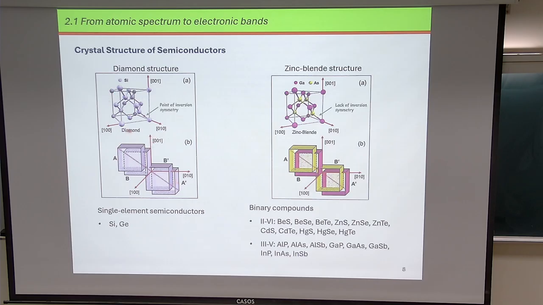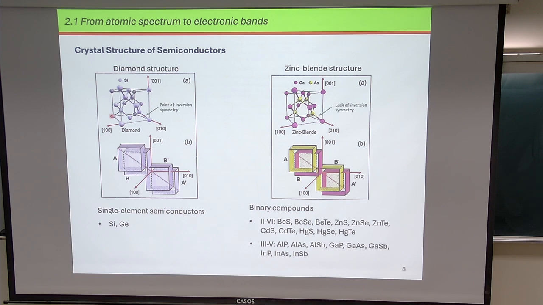And so all these atoms of silicon are in there. And of course, this is repeated periodically in the system. Okay. So in the system, one can actually find a point of inversion symmetry, which is this point here. So A and B, you can see like these two lattices, one inside the other.